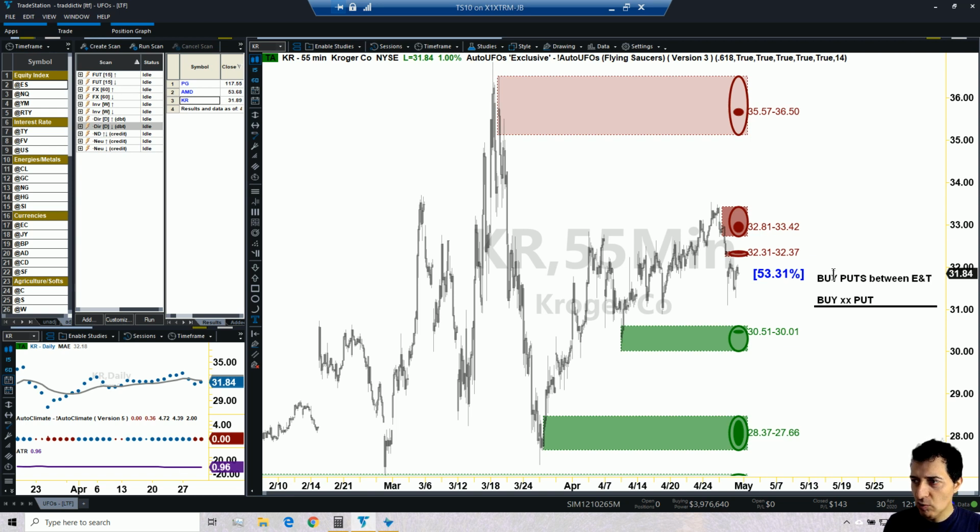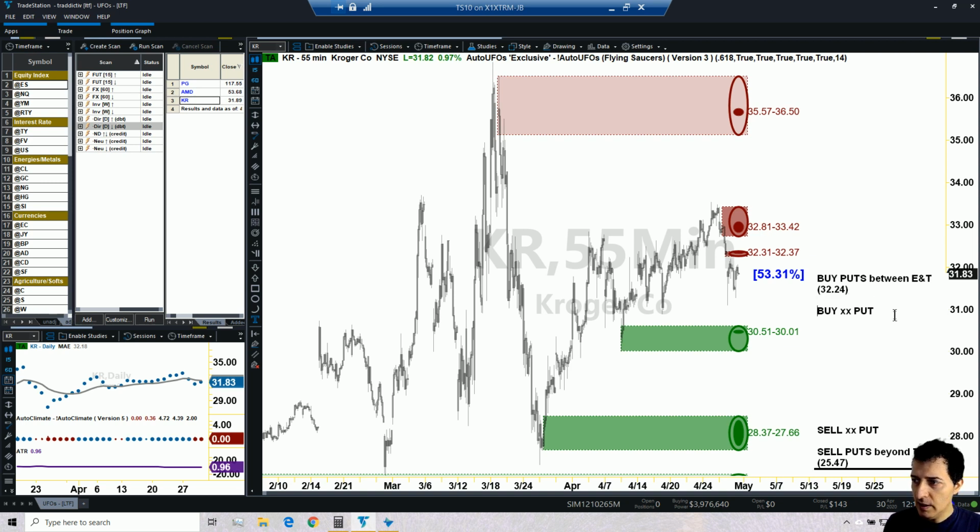That's the rule. So I'm gonna buy a put somewhere in here, and then I'm gonna be selling a put. I need to define which one, and the rule to define which one is sell puts beyond target, okay, which is 25.47. Okay, the entry was 32.24.